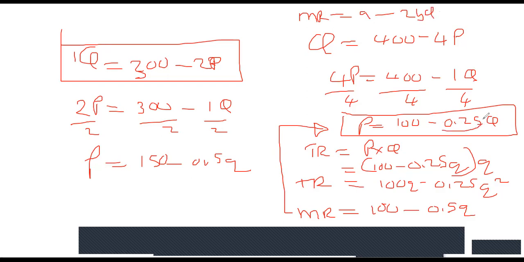Just multiply the number by 2 and leave everything else the same. 0.25 times 2 is 0.5. So if this one is supposed to become the marginal revenue, how does it become marginal revenue? Simply 150 minus 1Q. That's the easiest way of jumping a step from the price to the total revenue to marginal revenue. It's not a shortcut, it's an acceptable procedure.